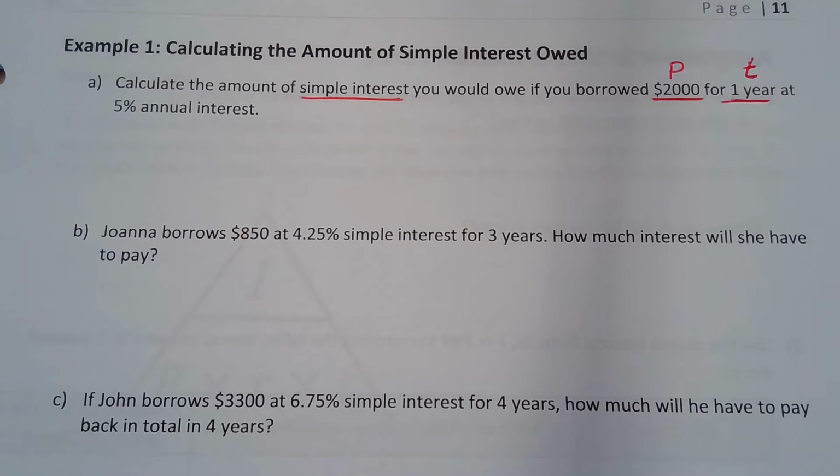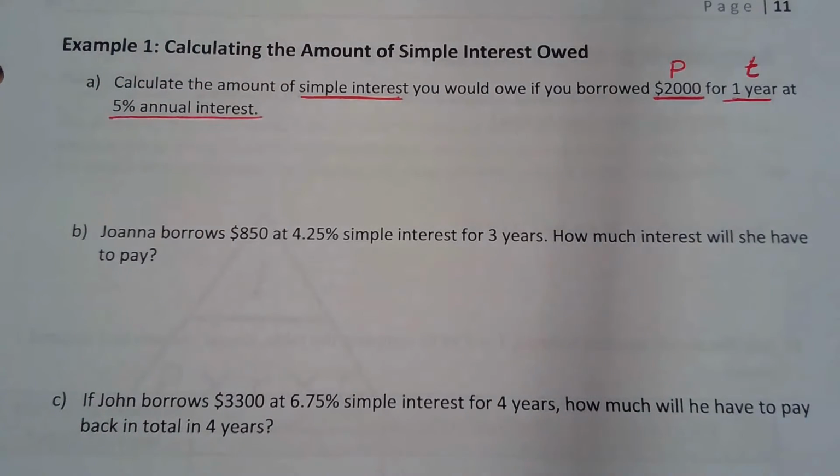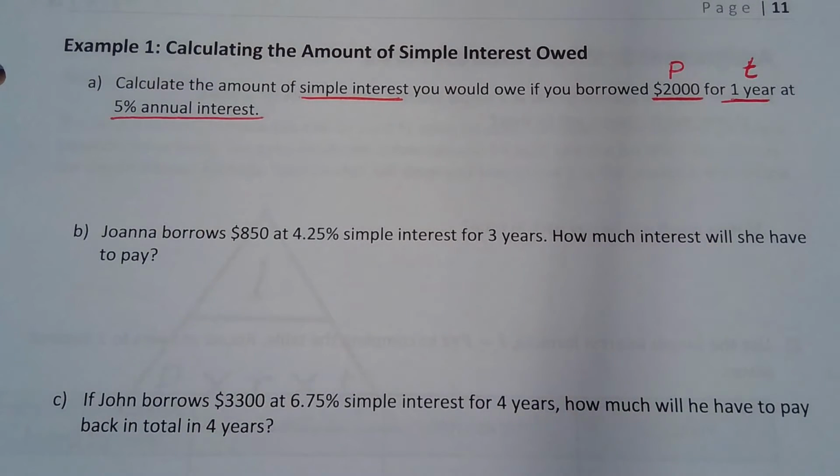Okay, so let's read on. If you borrowed $2,000 for 1 year at 5% annual interest. What's important there? 5% interest. Now you notice that they didn't put down annual interest rate, they didn't even put the word rate.